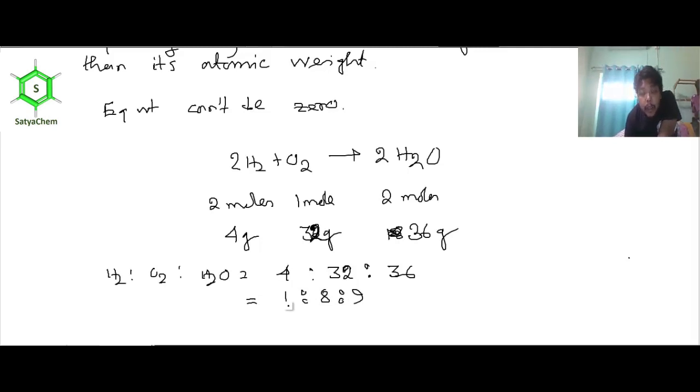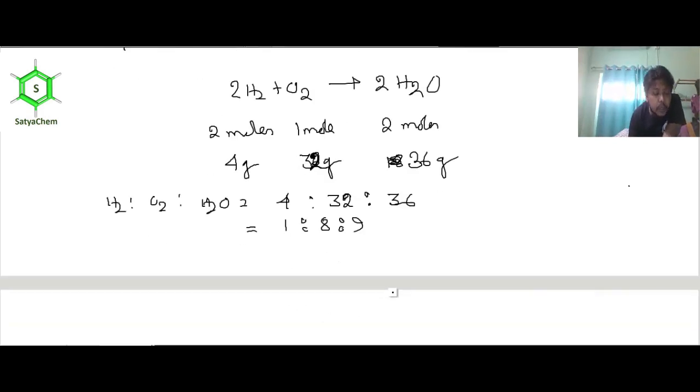So we have to take hydrogen and oxygen in a proportion of 1 to 8 by mass. But to obtain this, the reaction must be balanced before starting this calculation, this simple chemical arithmetic.